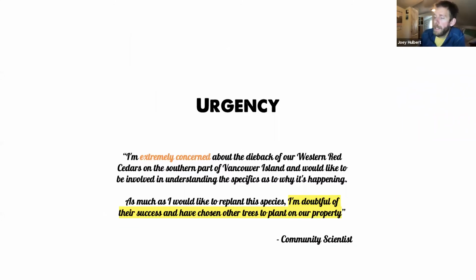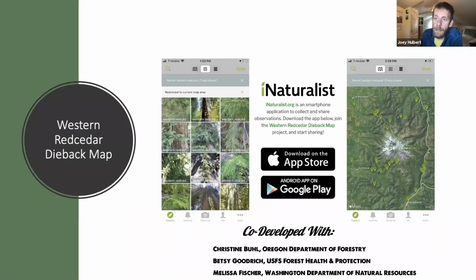Sorry, I'm rushing because I know I've been going a little slow. But the reason we are really concerned about Western red cedar is because we know it's urgent. There are a lot of trees dying, and people are already indicating they don't want to plant red cedar, and that's a concern. So we need to understand what's going on, and then try to find solutions. One way to do that is through community science and working together to create a shared understanding of what's going on.